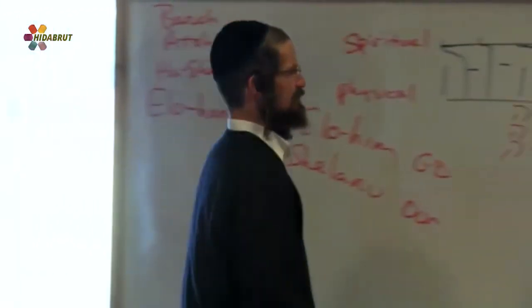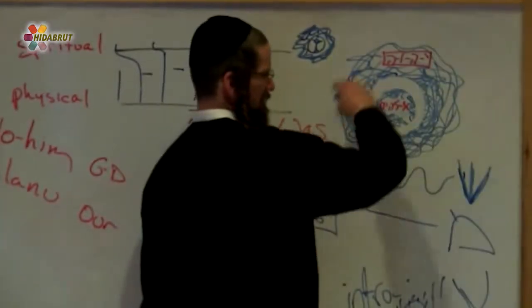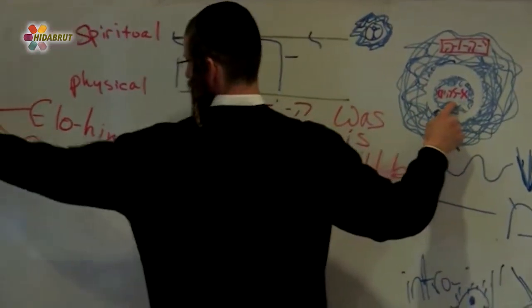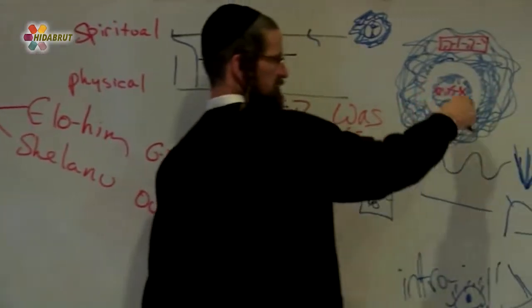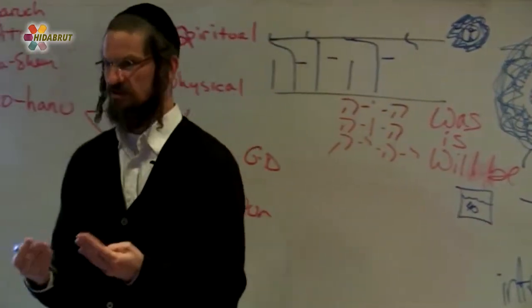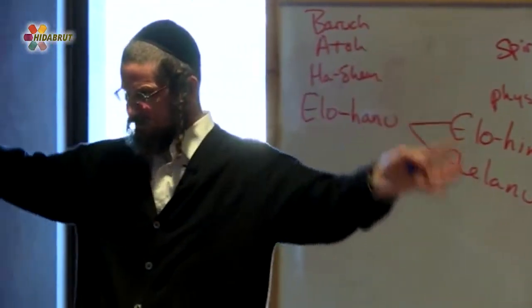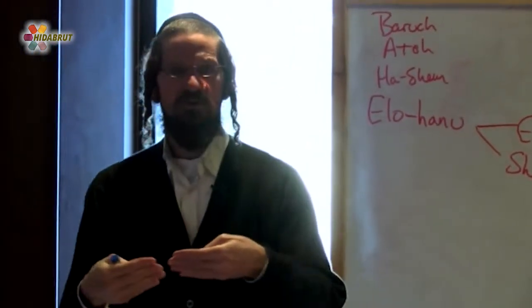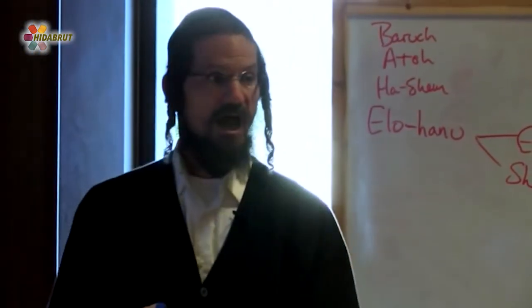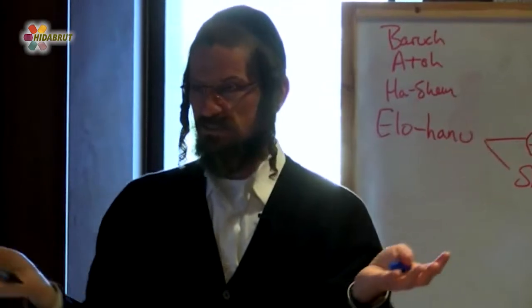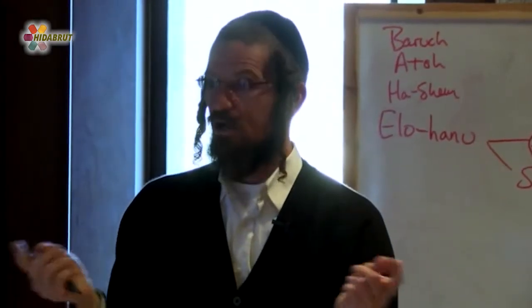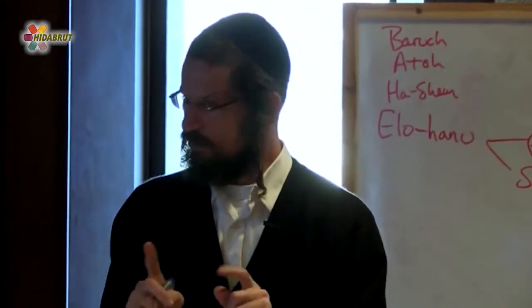Hashem, that which surrounds space and time. Eloqenu, which means Elokim Shelanu, is what's filling space and time. Echad, it's all one. The whole thing's one.